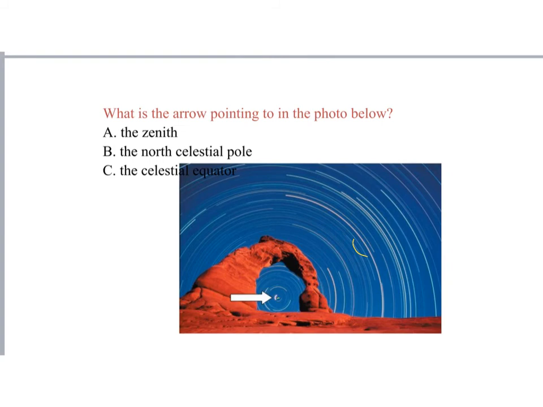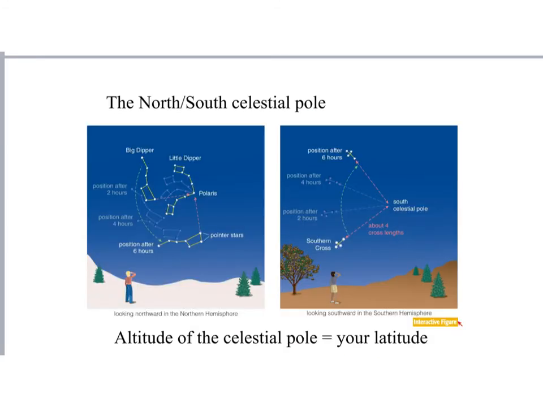It is the North Celestial Pole because these stars are circumpolar and they never set or rise. This is how you figure out the answer to this question.